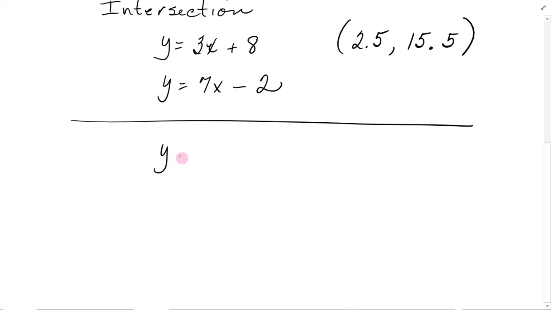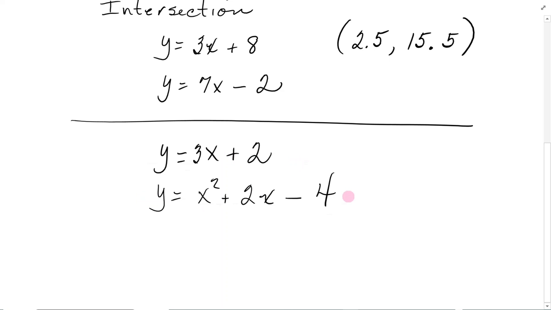Let's look at y equals, I'm going to pick something kind of easy, 3x plus 2, and y equals x squared plus 2x minus 4. I have a linear equation and a quadratic equation.